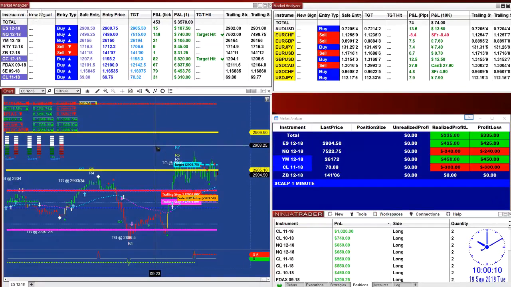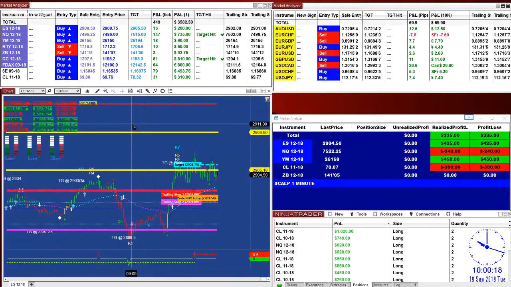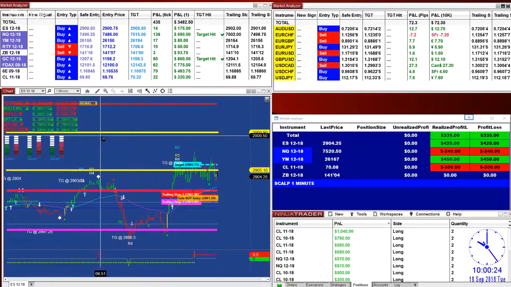This chart here is connected to the market analyzer, and you have three different automated trades: ATM strategy, and a full automated trade. The difference between the market analyzer and the chart: the market analyzer gives you straight numbers in and out.